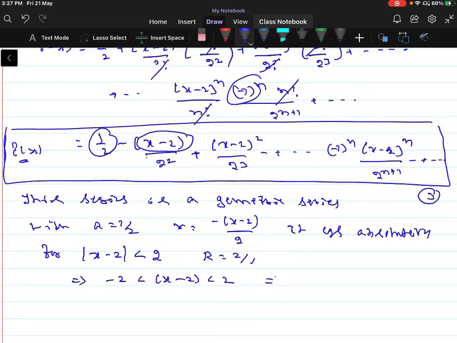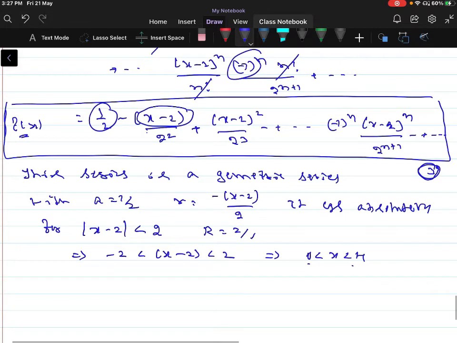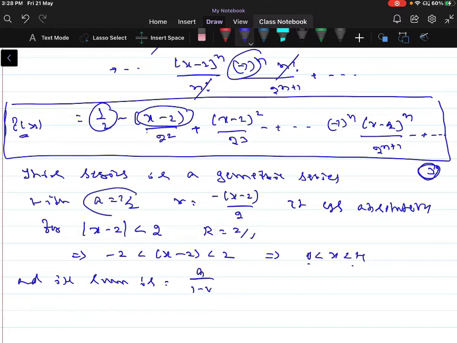So if you add 2 on both sides of the inequality, 0 less than x less than 4. Therefore the series 3 is convergent for all the values of x in the interval 0 to 4. So let us find the sum of the geometric series 3 here. We know the formula a by 1 minus r, where a is equal to half and r is equal to minus x minus 2 by 2.